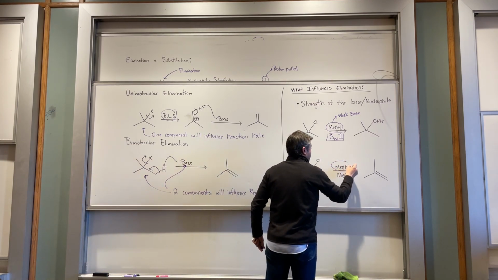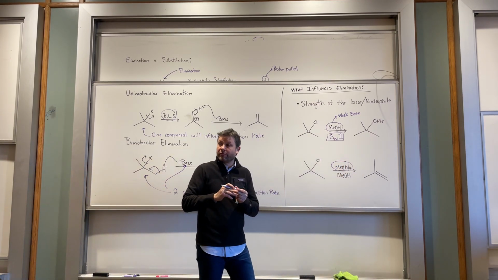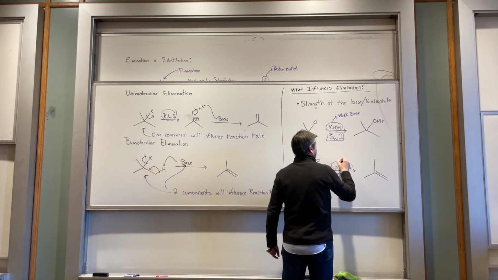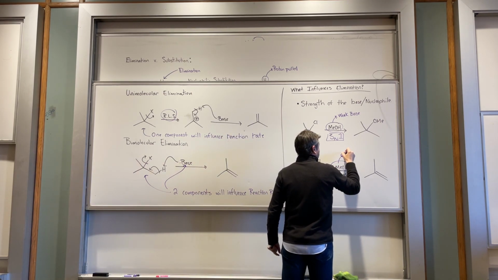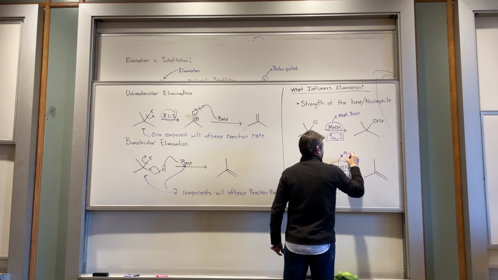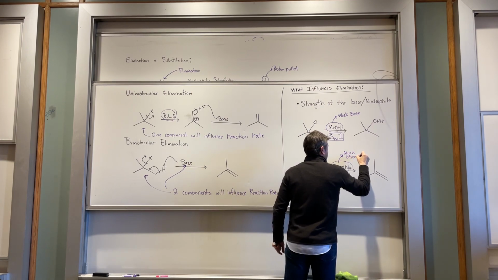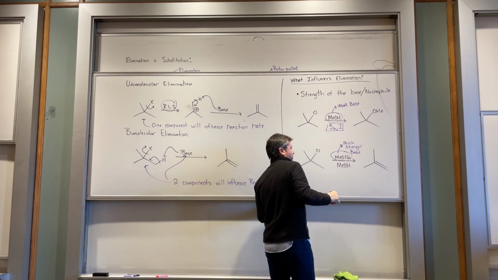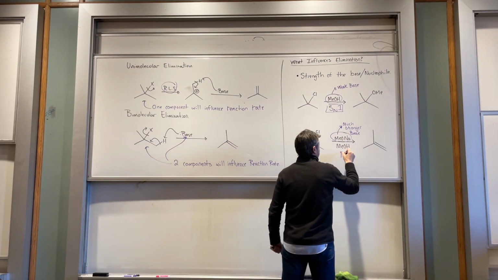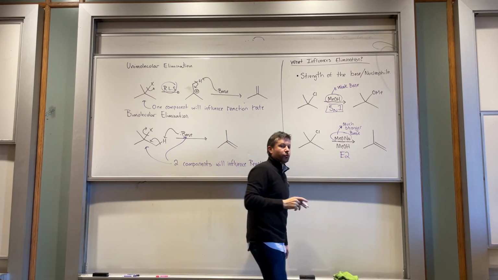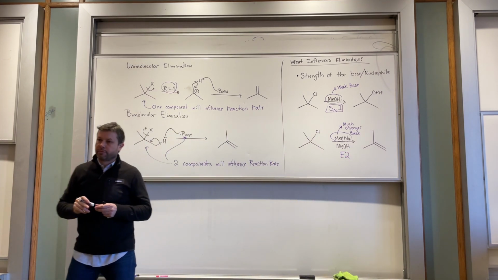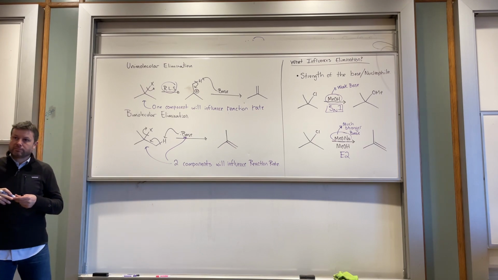In the bottom reaction, because we're using the basic form of methanol, this is a much stronger base. So this is going to proceed through an E2, or bimolecular elimination, mechanism.